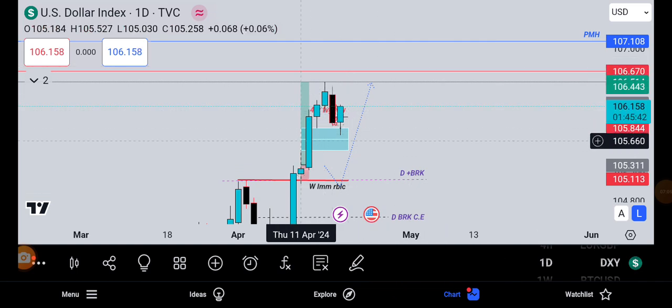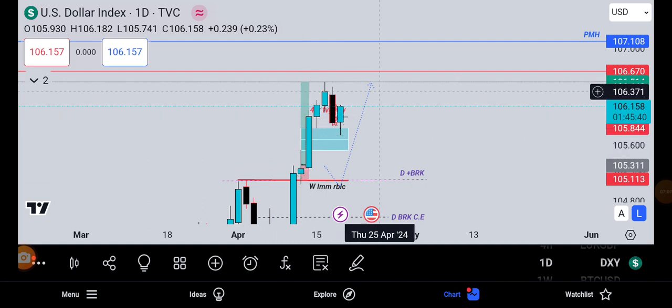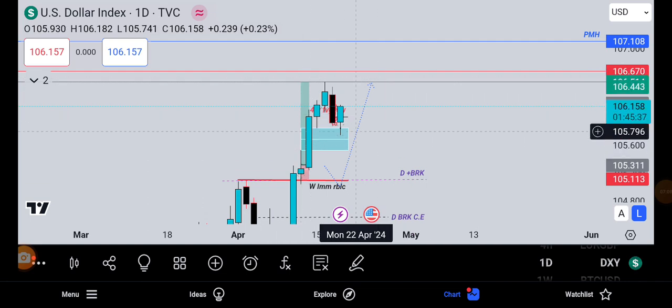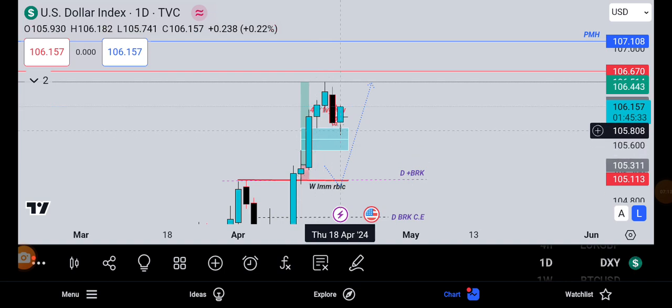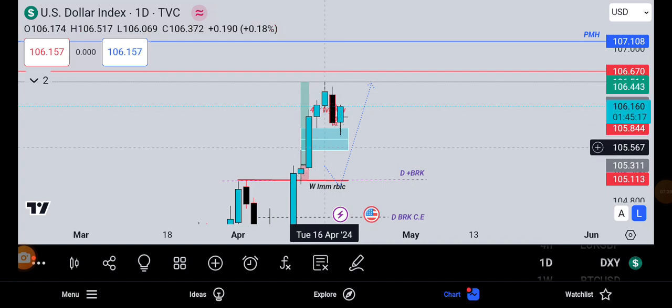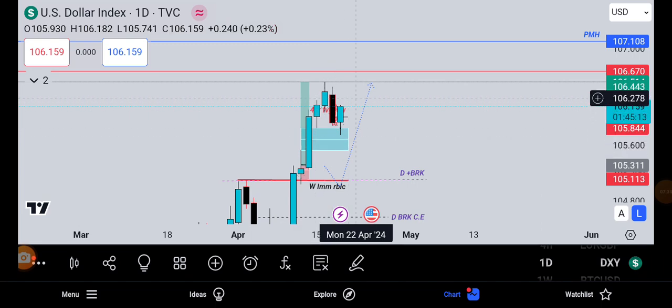Also, yesterday we had two draws on liquidity because we had this daily fair value gap over here. As you can see, we have a fair value gap from this candle's high to this candle's low. This is a daily fair value gap, but I wasn't careful, because I was fixed with my bias.